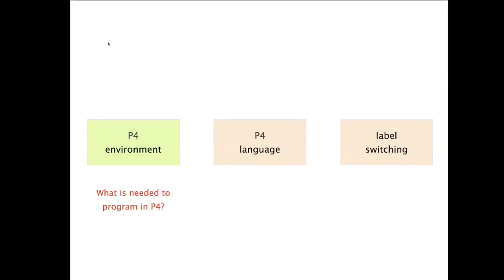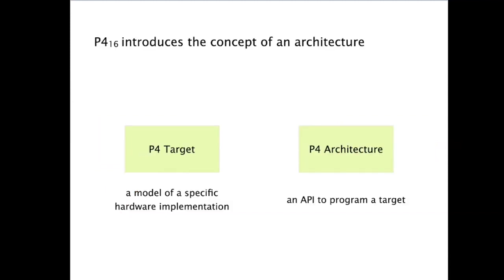And so in P4_16, they defined this notion of target and of architecture. A target is a model of a hardware implementation. So you will have a model of a hardware switch, a model of your interface card, a model of, I don't know, the Linux kernel. And then for each target, you will have an architecture that comes with it, which is essentially nothing more than an API to program against that target.